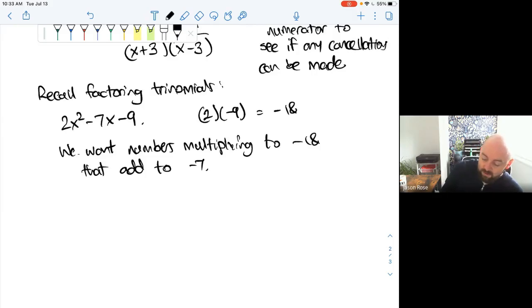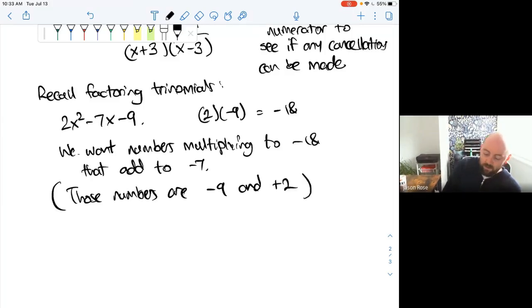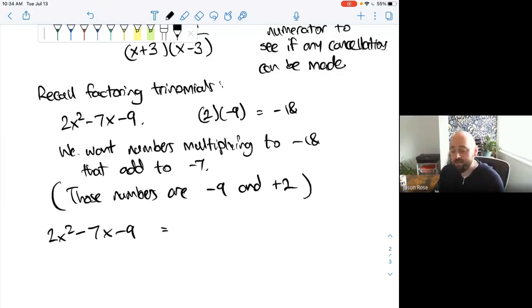So that's what we're going to use. Those numbers are minus 9 plus 2. So what we're going to do is say that 2x squared minus 7x minus 9. This is again how it's a little different to the trinomials that don't have the number in front of the x squared.